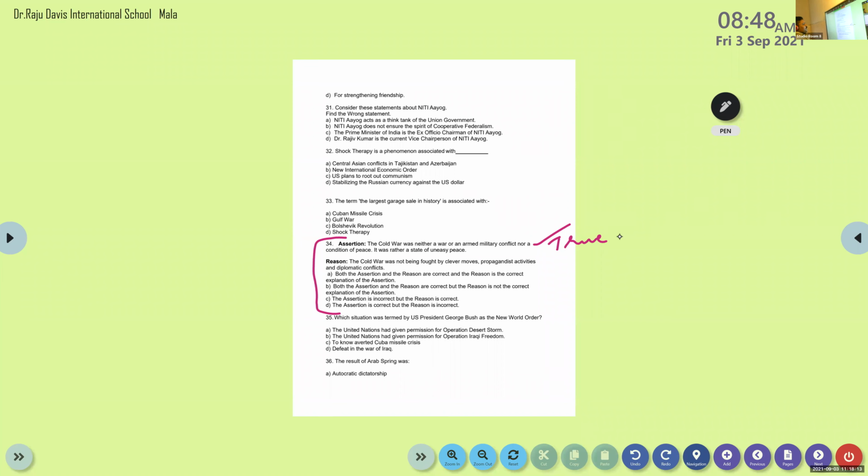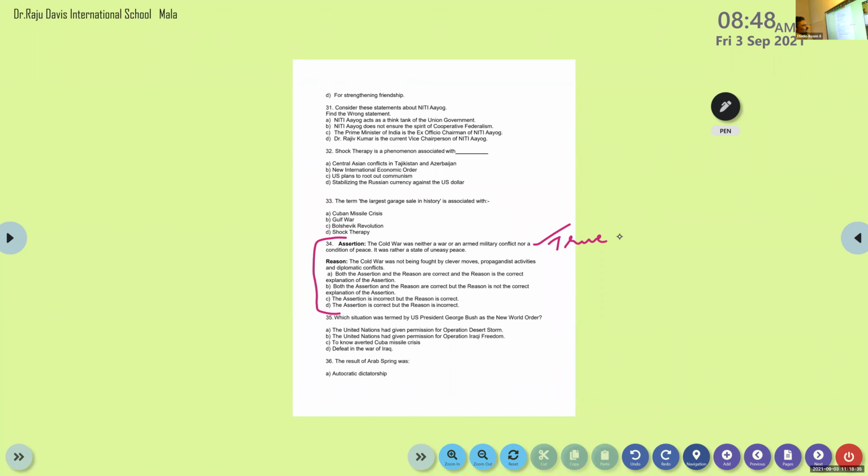Read the sentence one more time. The Cold War was not being fought by clever moves, propagandist activities and diplomatic conflicts.